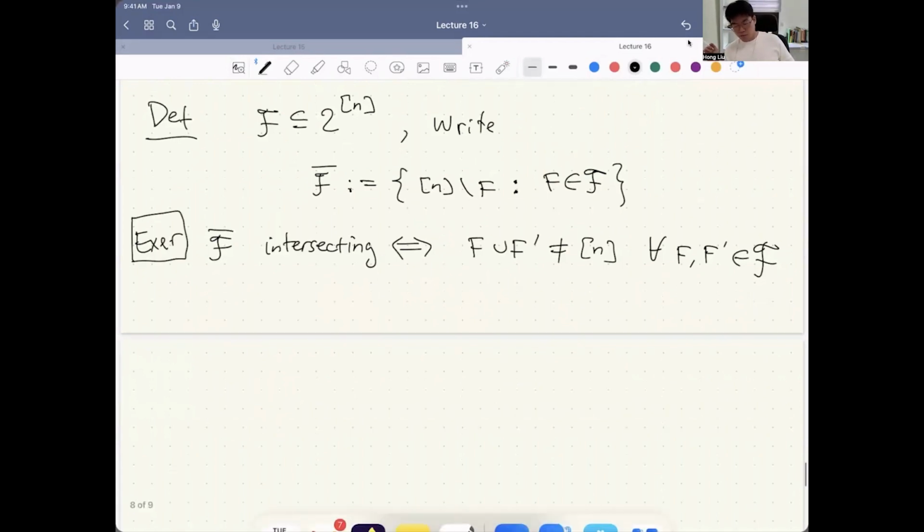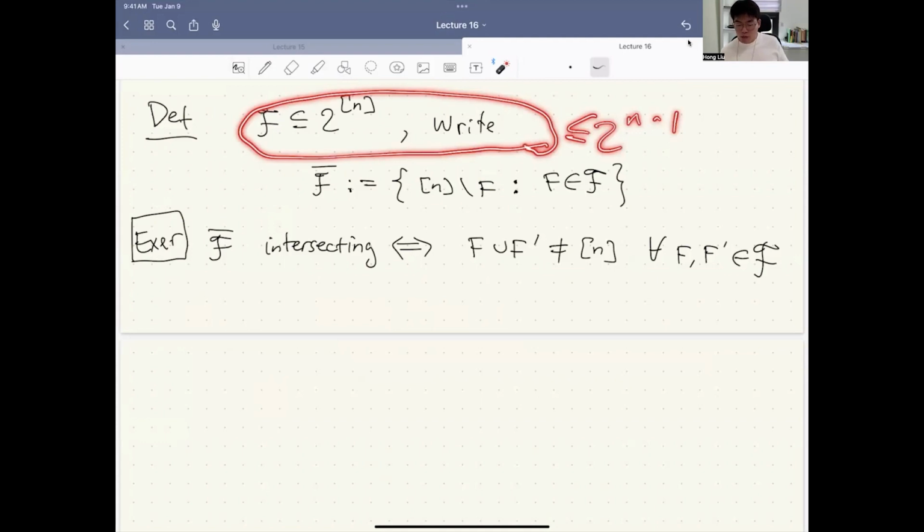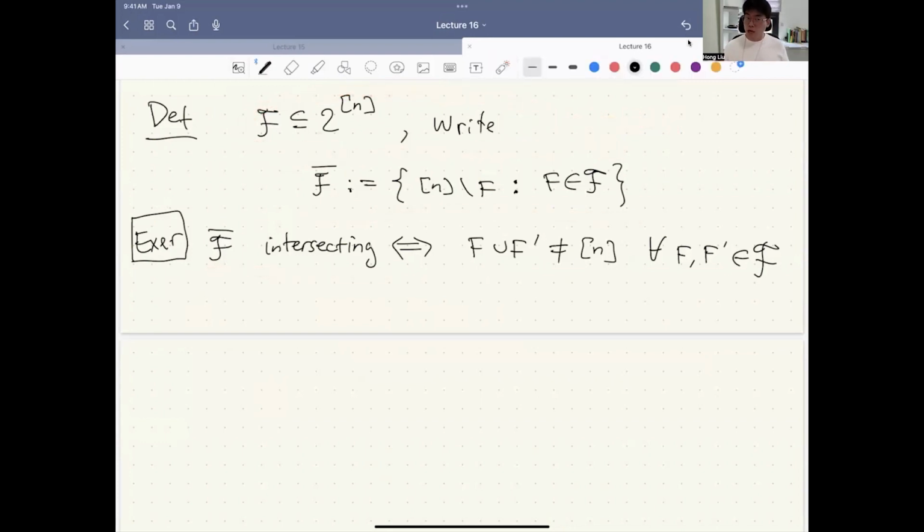Difficulty level 0.5. Now, Kleitman's next statement is saying we gave an upper bound on the size of the largest intersecting family when F is intersecting. What if we require both that F is intersecting and that this kind of complementary family is also intersecting? If we require both of them, what will be the upper bound?